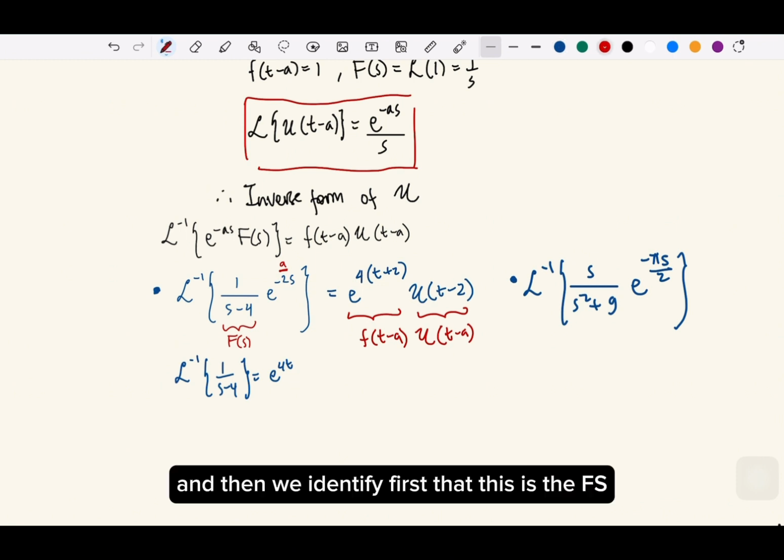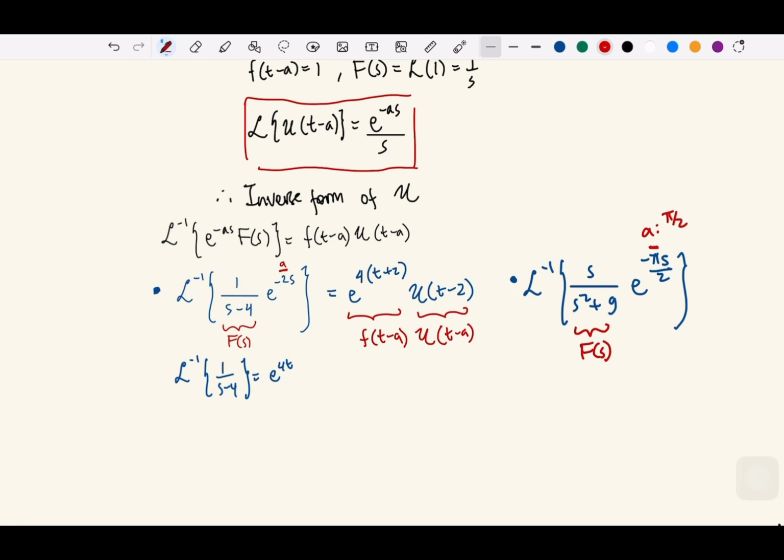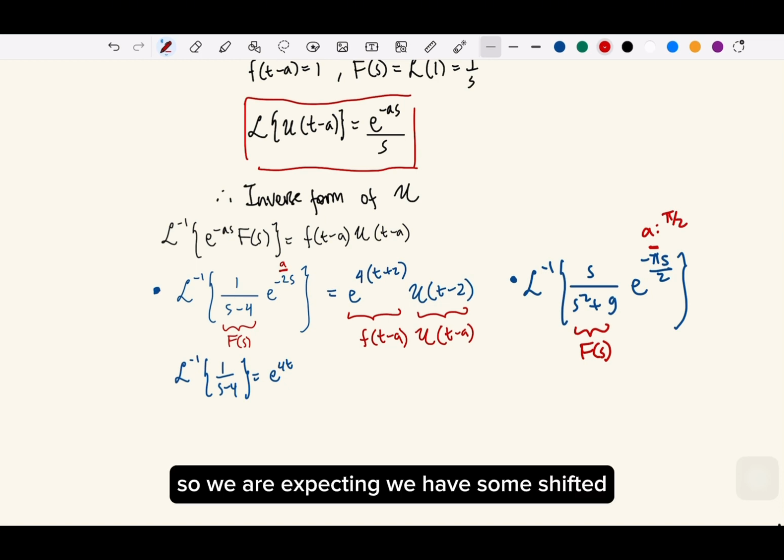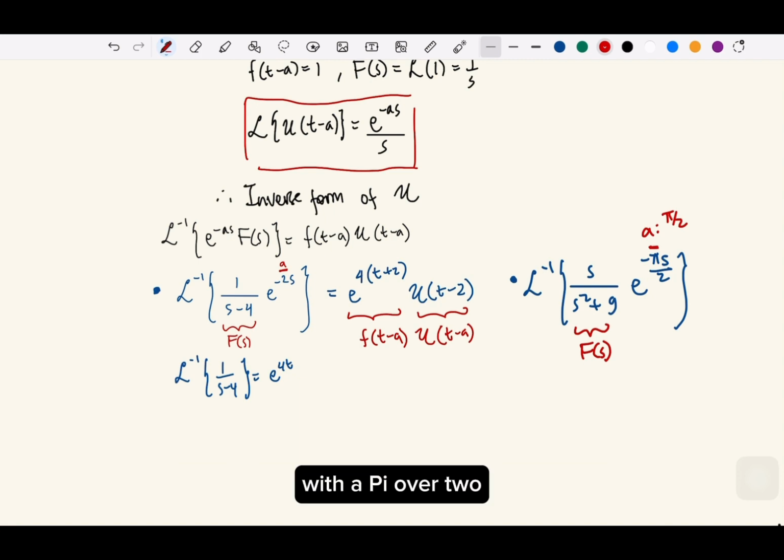We identify first that this is the F(s), and a will be pi over 2. So we are expecting some shift with a pi over 2. We can first try to find the relation.